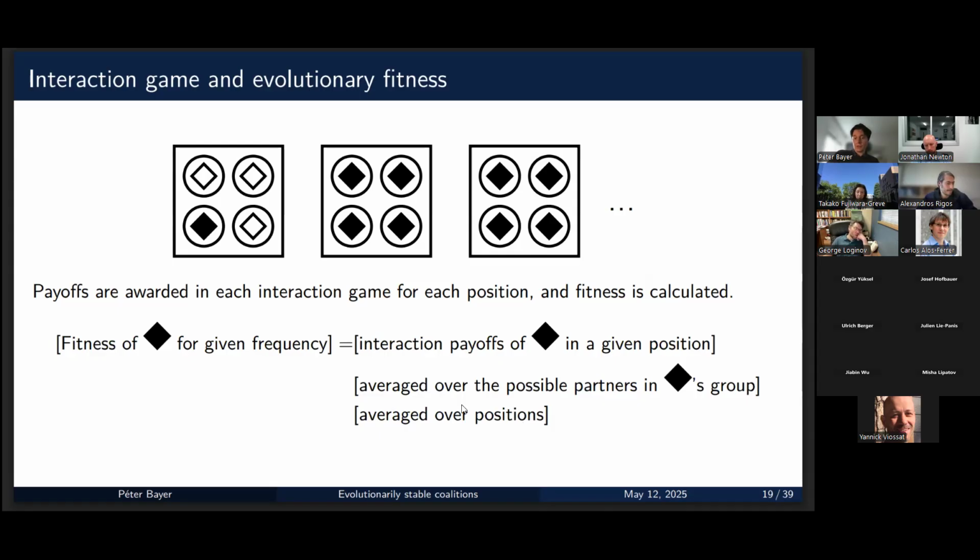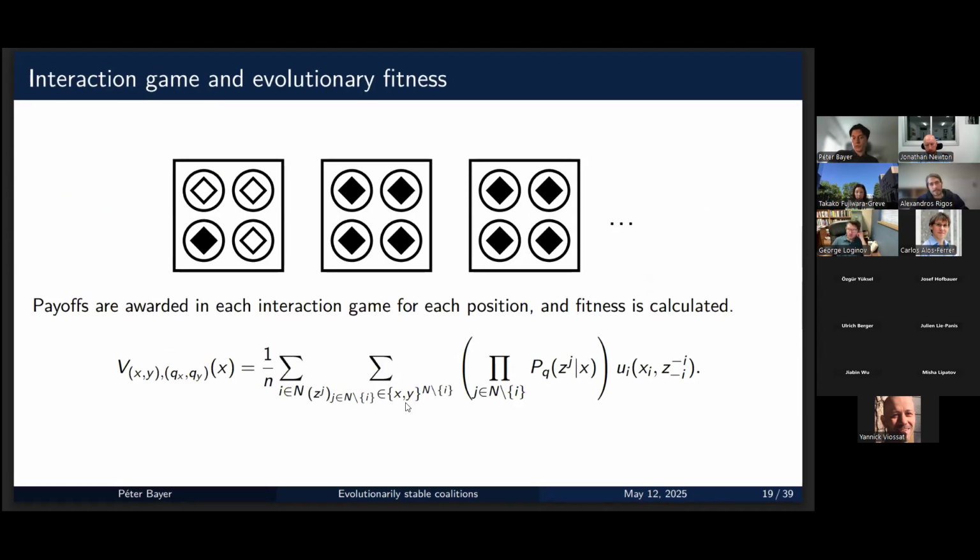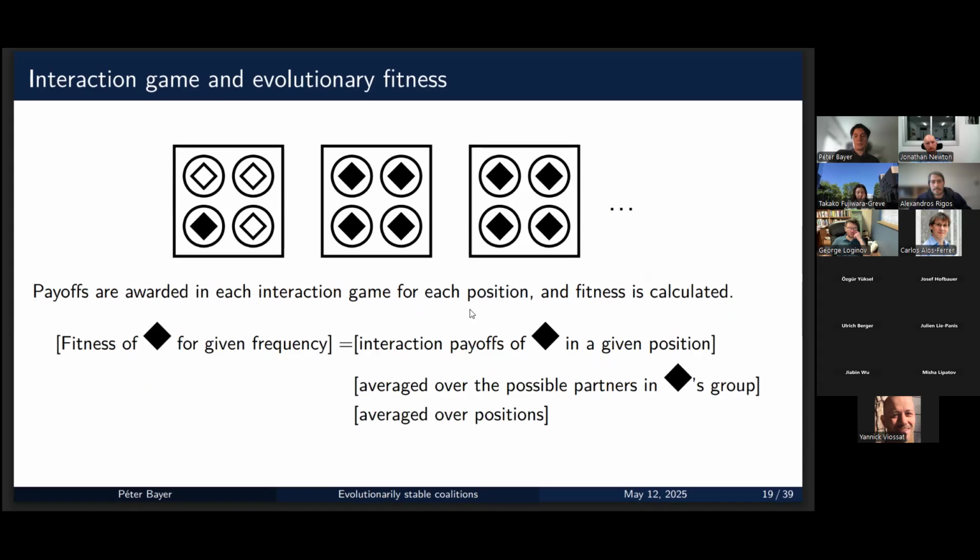And of course, I'm going to have to average it over all the positions that they can find themselves in. So there's two sums here, basically. One is across types, and the other is this ugly thing, which tells me how likely am I to meet any other strategy combination and how much I get if I meet that strategy combination. Okay, you either see it or you believe it. For now, let's believe it.